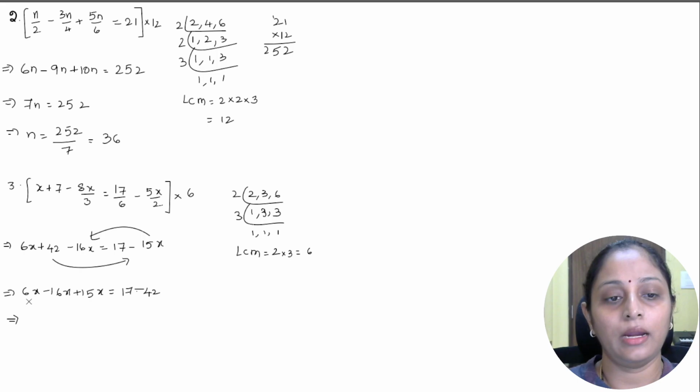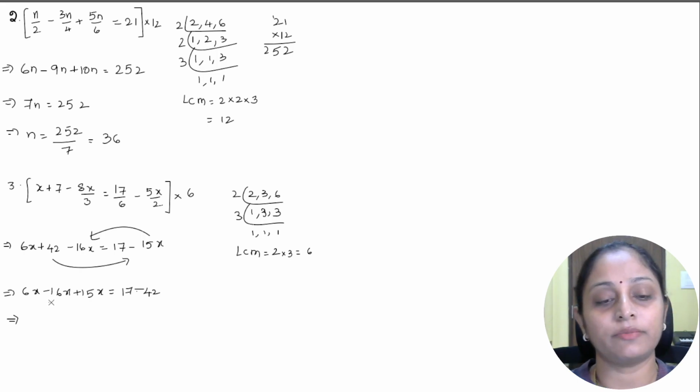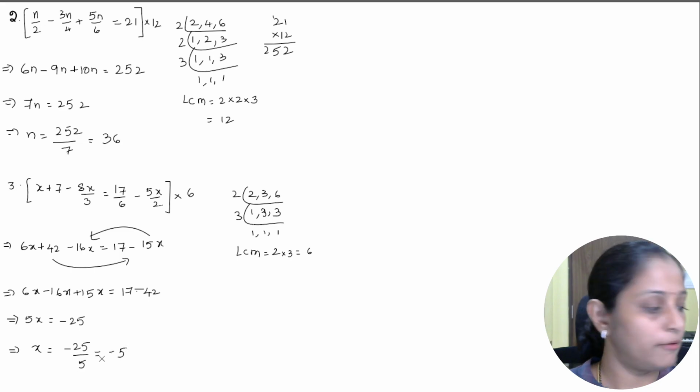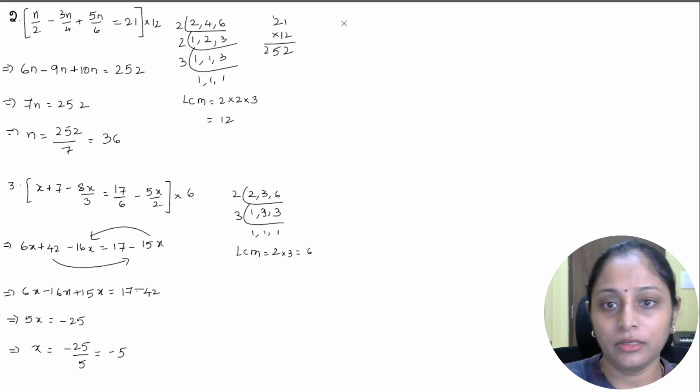Now 6 minus 16 is minus 10, minus 10 plus 15 is 5. 5x is equal to, what is 17 minus 42? Minus 25. So therefore x is equal to minus 25 by 5, which is nothing but minus 5. So that is my answer for the third question.